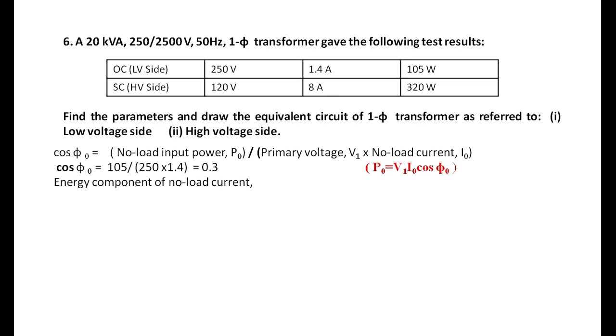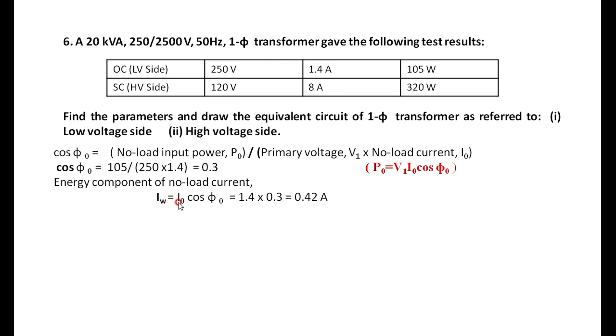R naught is equal to the applied voltage, that is the primary voltage, divided by IW. X naught is the applied voltage divided by the magnetizing component of the current. Therefore, first I am calculating the energy component and the magnetizing component.